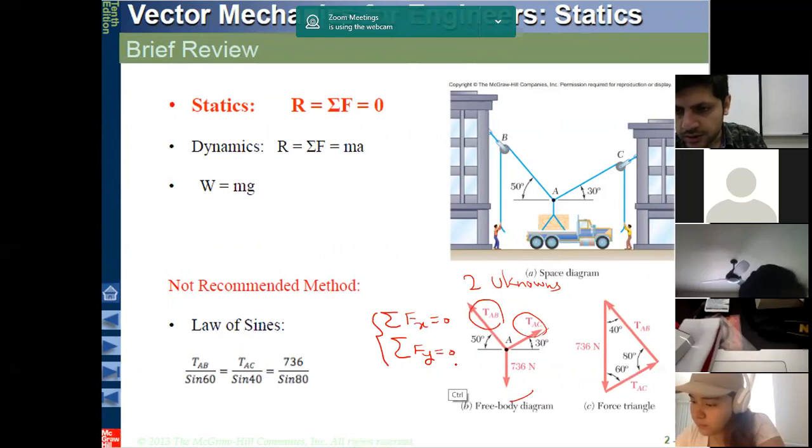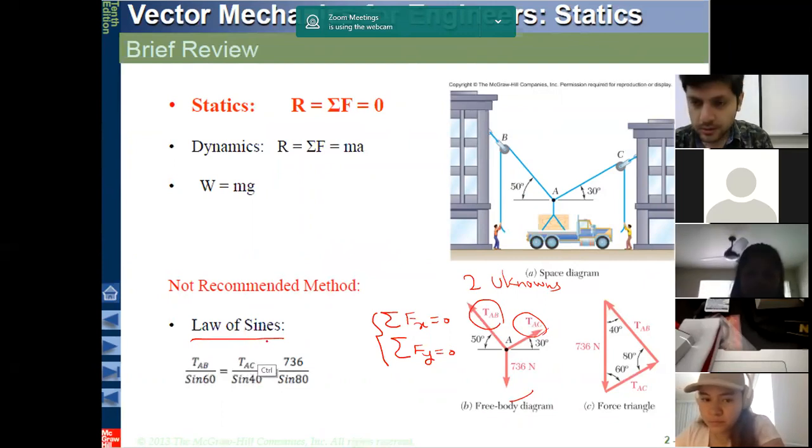These equations represent the static case. The load here is not moving, so the sum of the forces in both directions is 0. You have 2 unknowns, and by the methods that we worked on in the previous session, we must be able to determine these 2 unknowns. There's an alternative method, which is the law of sines.